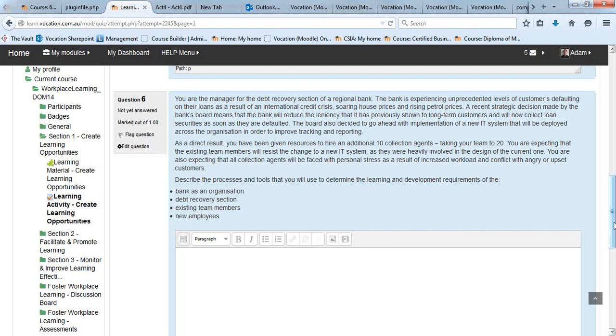What this next stage does is it starts to get you to think about what tools and what processes you are now going to use to start creating the opportunities that you need. The resources do talk about a couple of different types of tools, and I'm looking for you to look at processes and tools.